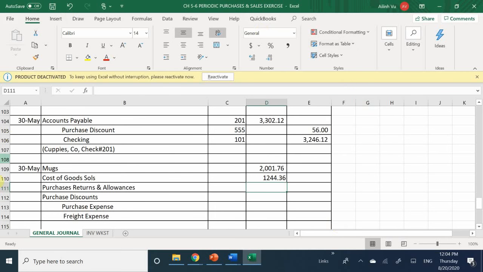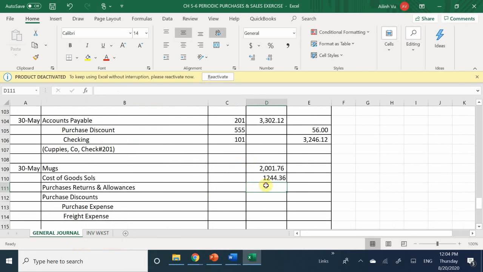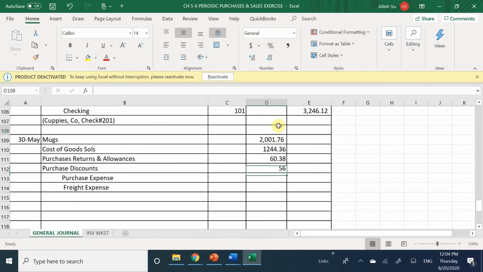My purchase returns and allowances, okay, minus the discount. 6038. And then my purchase discounts was $56. And then what is my total purchases? 3132.50. And my total freight expense is going to be 230.